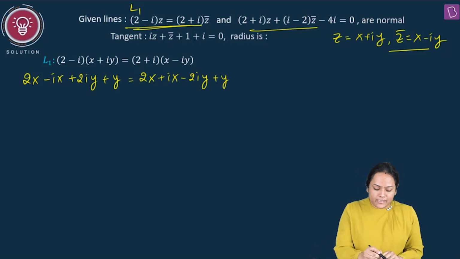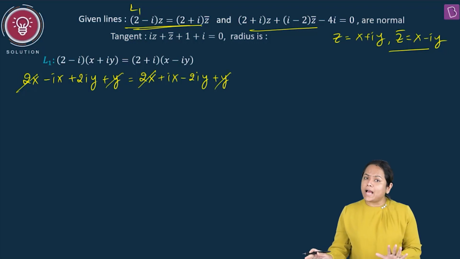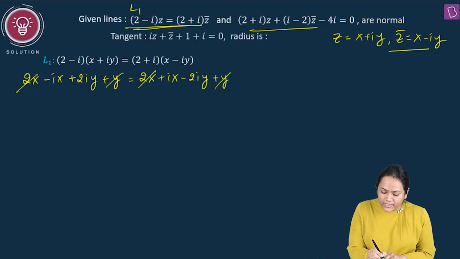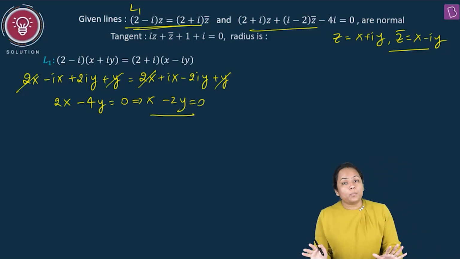And you can clearly see that 2x and y are cancelling on both sides. So when I cancel the iota part also, I'm going to get final answer as 2x minus 4y is equal to 0. I can say it can be written as x minus 2y is equal to 0. This is my first normal.